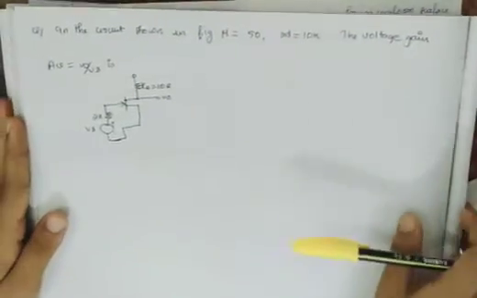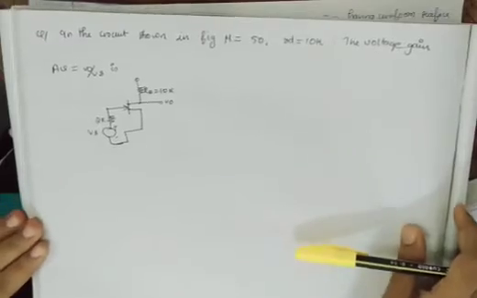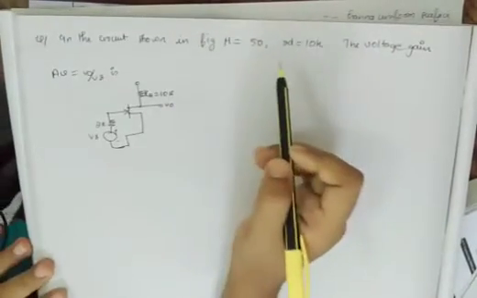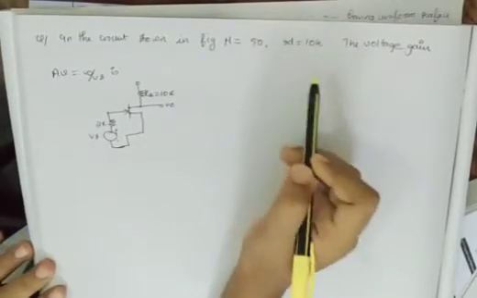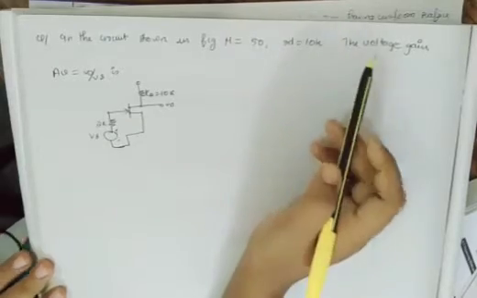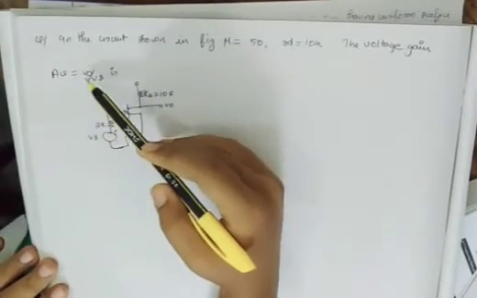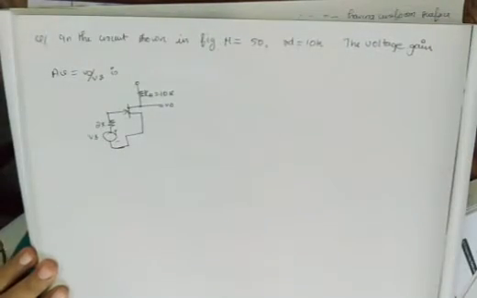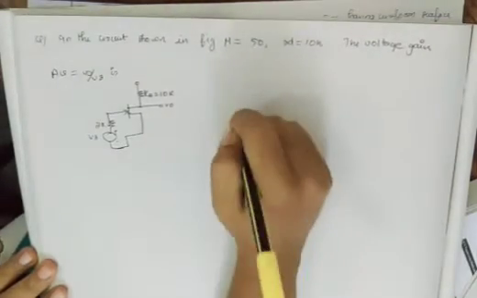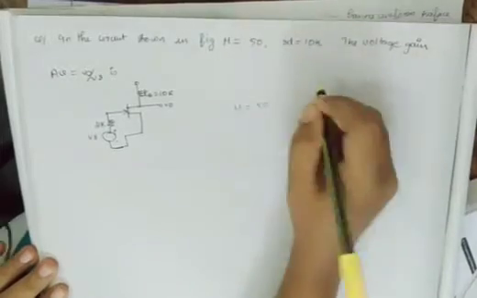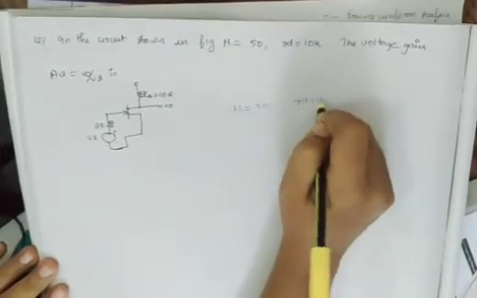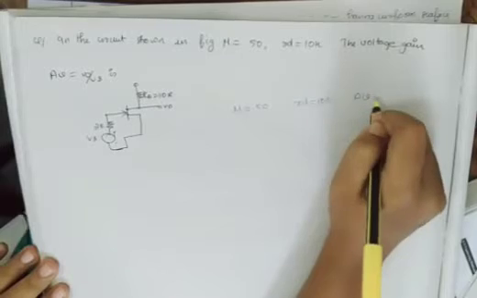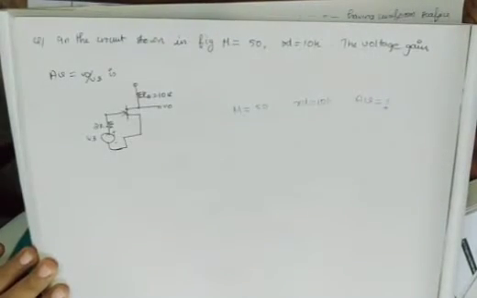Now let's do the next question. In the circuit shown in the figure, mu is equal to 50, Rd is equal to 10K. The voltage gain AV, equal to V0 divided by Vs, we have to find out.